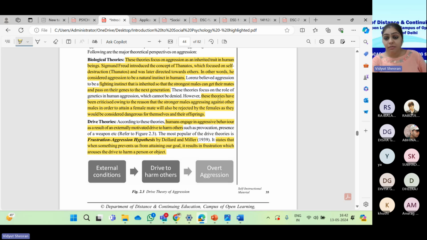Because we are feeling harmed, because we are feeling troubled, we also have the intention and the motivation or the drive to harm or frustrate the other person from whom we are receiving, which becomes a very, very overt aggression. Overt means something which is visible, something which is observable. So this becomes like a chain or the drive, and it explains how the drive theory of aggression works.